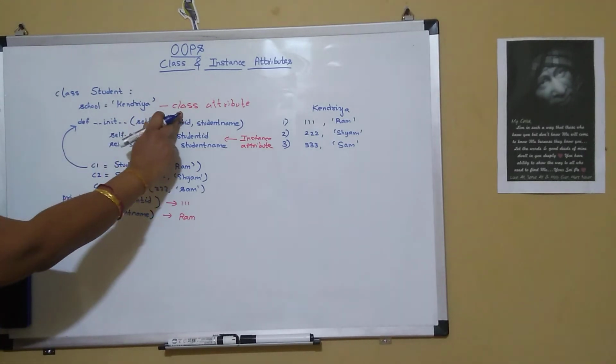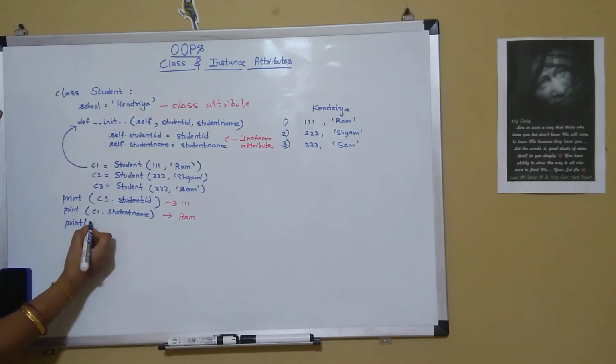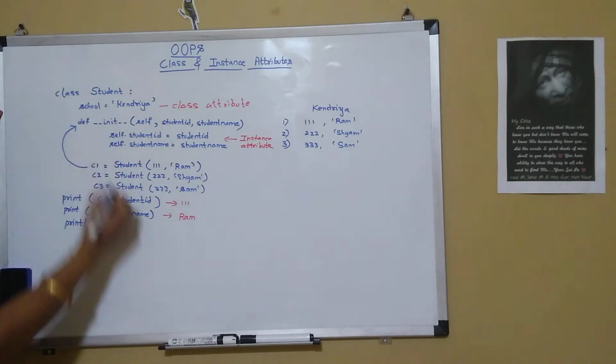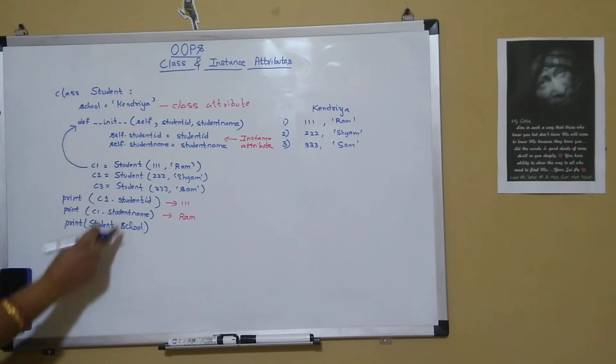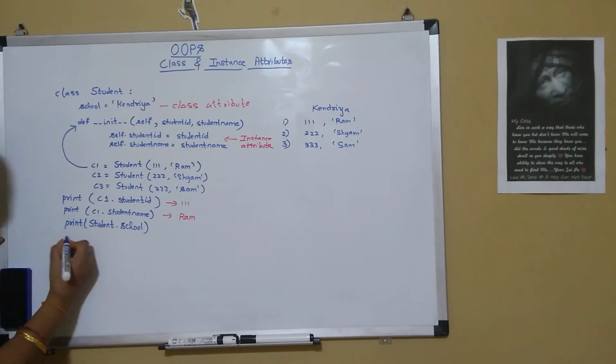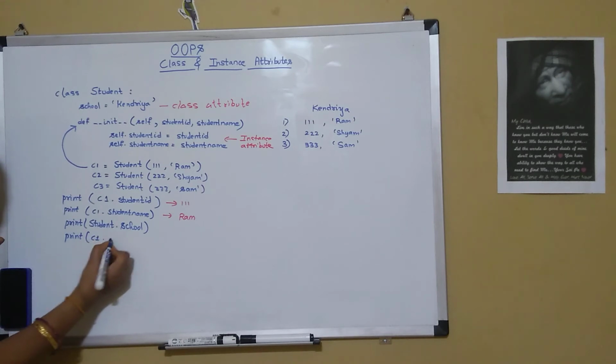But if we want to access the class attributes, we can access them in two ways. We can access with the help of the class name, Student.school, and we can access Kendriya this way, or we can access it with the help of the object name, that is C1.school.